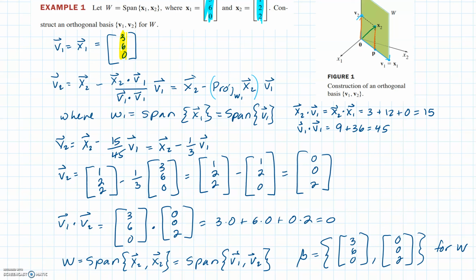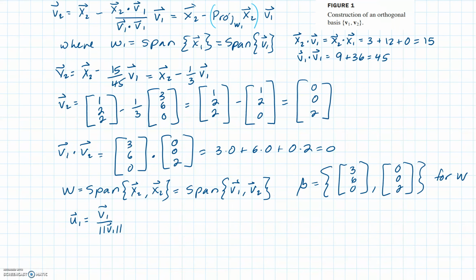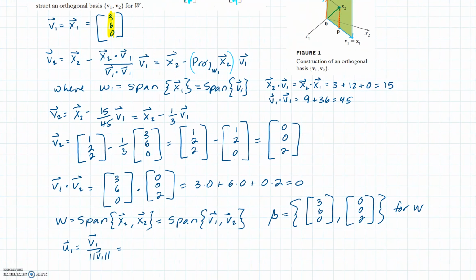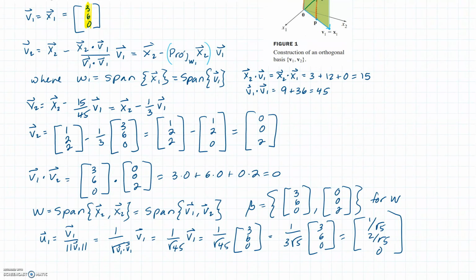If you want to find an orthonormal basis, you just have to normalize these two vectors. So if they ask for an orthonormal basis instead of an orthogonal basis, I would just take my V1, (3, 6, 0), and divide it by its length, which would be 1 over the square root of V1 dotted with V1, times V1, which gives us 1 over the square root of 45 times V1.